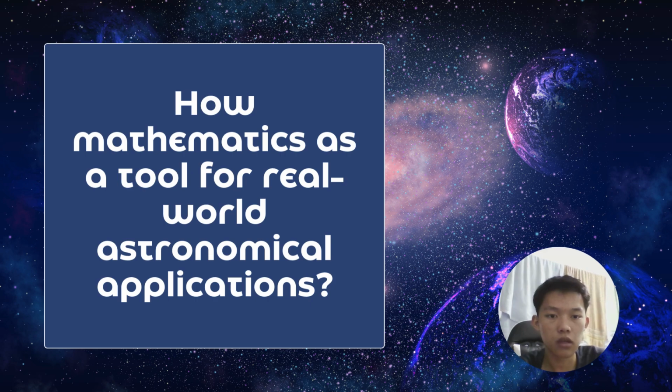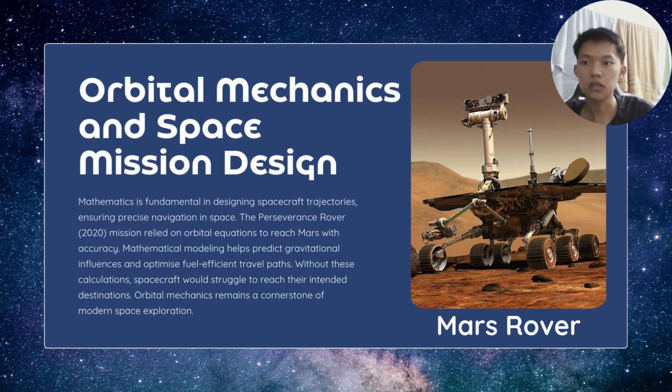So now, here is a question: how is mathematics a tool for real-world astronomical applications? Orbital mechanics is essential for designing spacecraft trajectories, ensuring precise navigation and efficient space travel. Missions like the Perseverance rover in 2020 rely on orbital equations to accurately reach Mars.